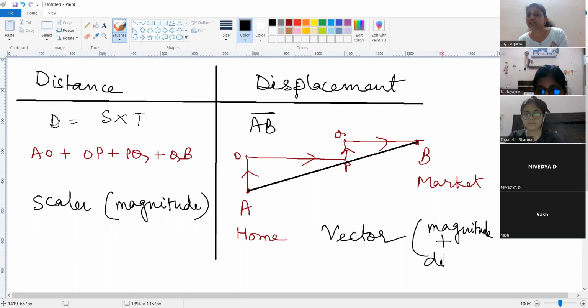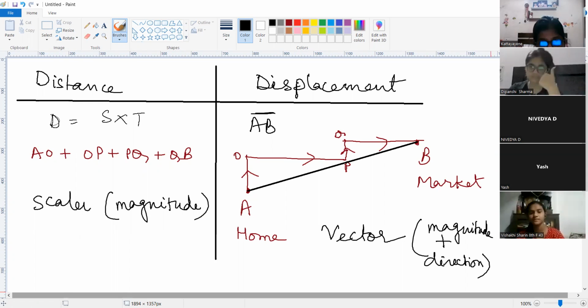So displacement refers to the magnitude plus the direction, whereas distance refers to only the magnitude. There is no direction in it. This is about distance and displacement.